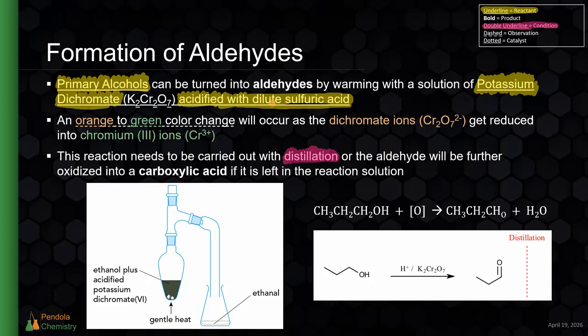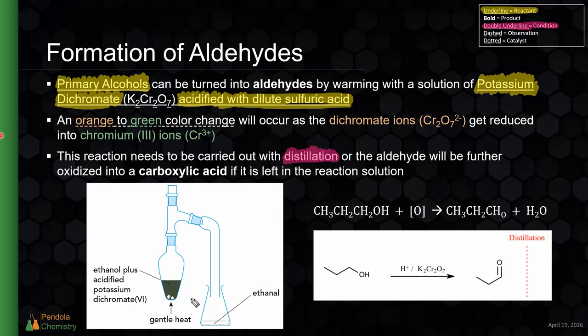So if a primary alcohol reacts with potassium dichromate that has been acidified with sulfuric acid, and we react the primary alcohol into an aldehyde, the aldehyde that results from this can also be oxidized by the dichromate into a carboxylic acid. So we don't want the carboxylic acid. If we are trying to make an aldehyde, we need to undergo this reaction in distillation.